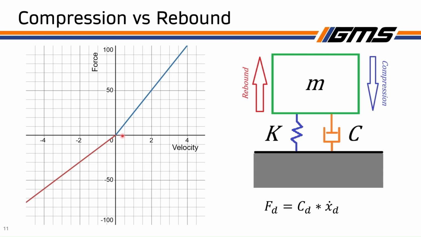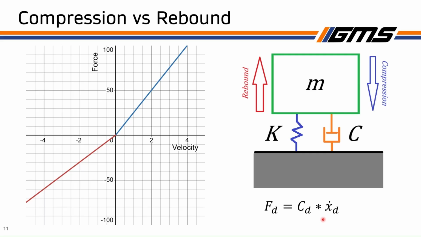But either way, you get a line, and you can express this line as the force of the damper is equal to the damping coefficient times x dot of the damper. This is just the velocity of the damper, but the dot is a fancy way to write it. This is just saying the first derivative of the position. Similar to the spring, you just have a coefficient times some number.